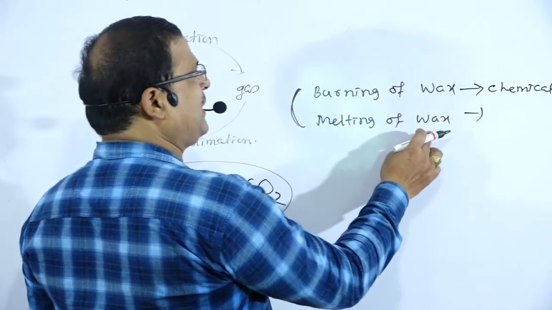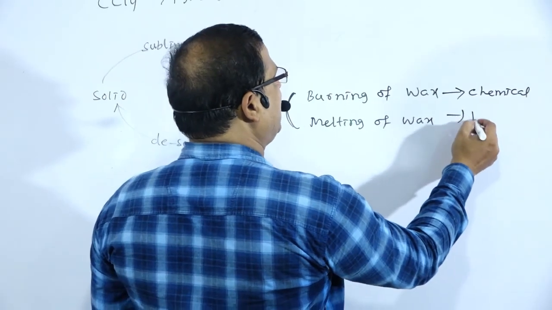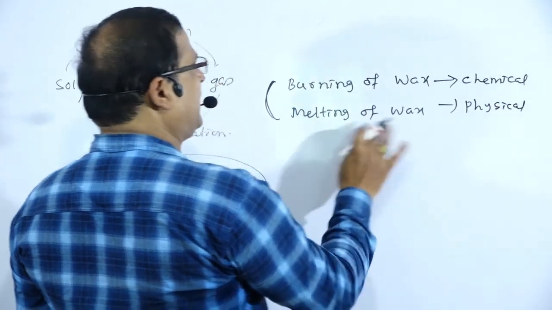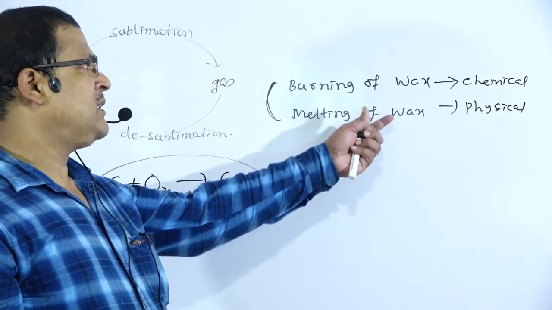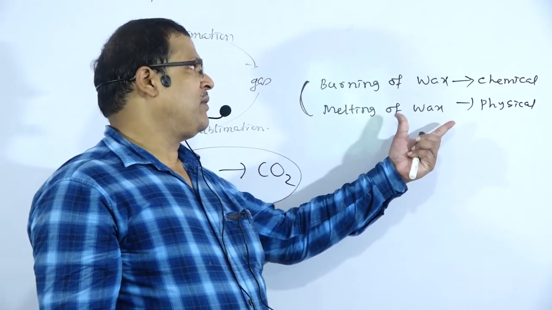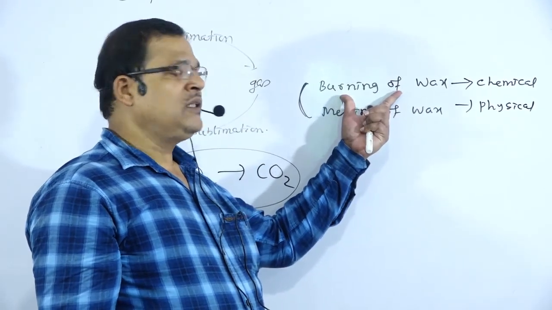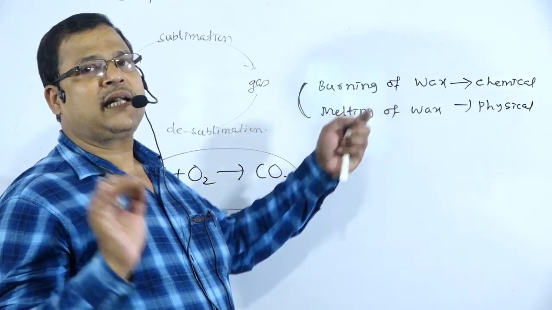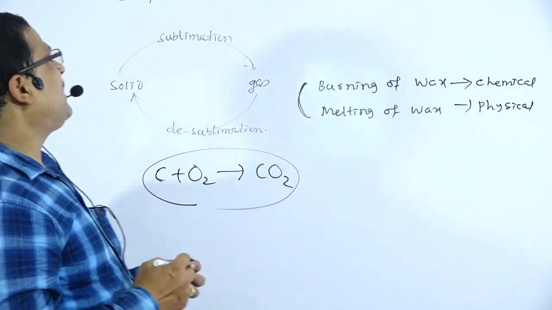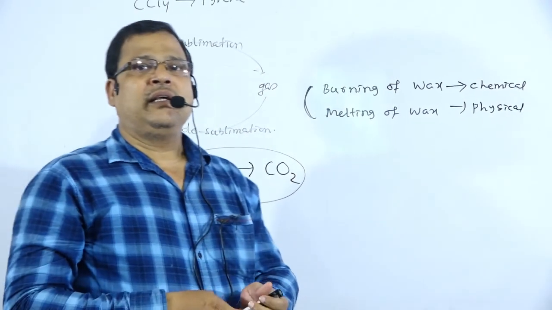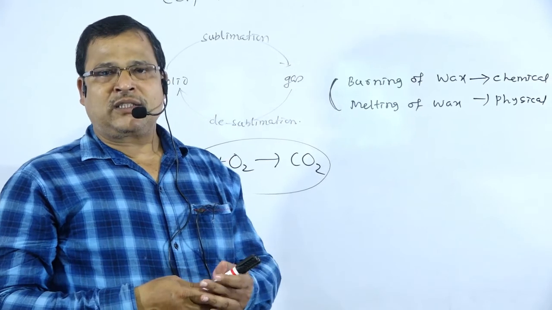Melting of wax is a physical change. Why physical? Because there is no change to the composition of the wax, only the solid form changes to liquid form. But in burning of wax, it burns in presence of oxygen to form carbon dioxide and water. So these are the different types of questions, and I have given you the questions on my WhatsApp.